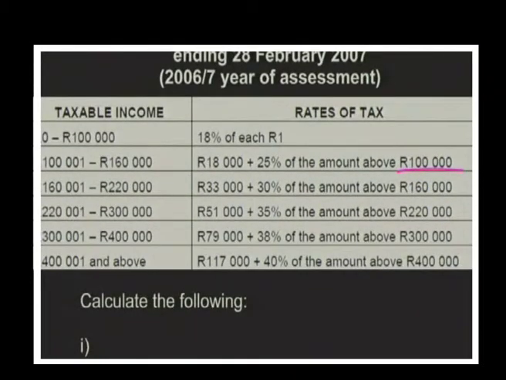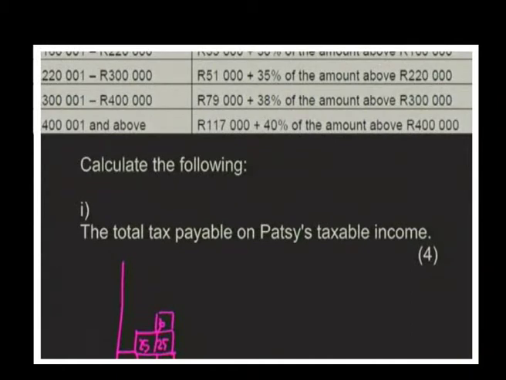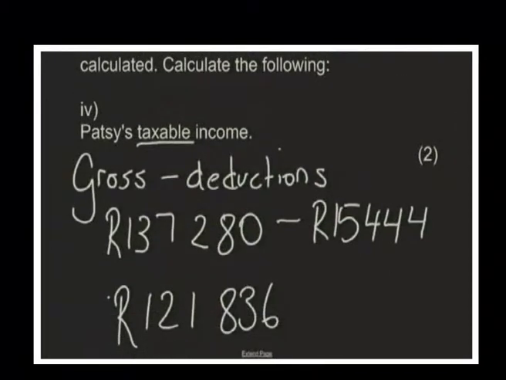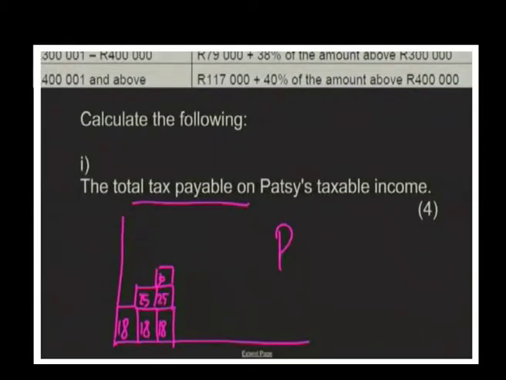So once we've analyzed a little bit of the table, the question says, calculate the total tax payable on Patsy's taxable income. So we need to use the table to calculate the tax payable. First, let's go back and get the amount. That was 121,836.